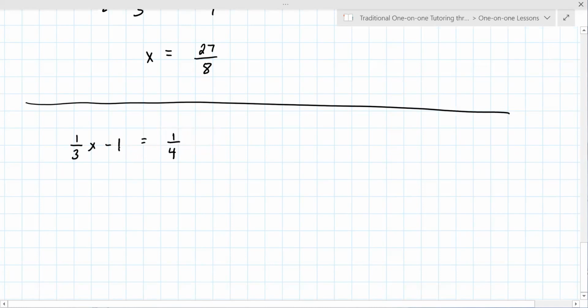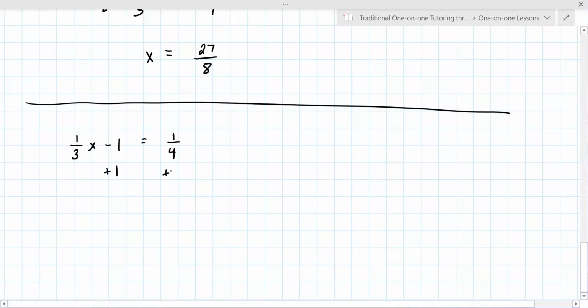Okay, so 1/3 x minus 1 equals 1/4. All right. I think I got it. Okay.